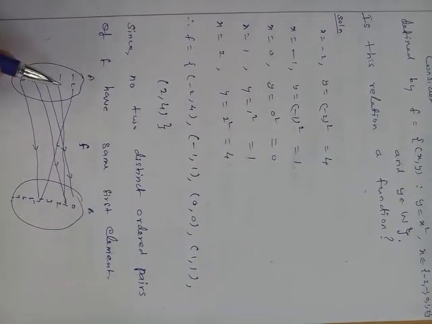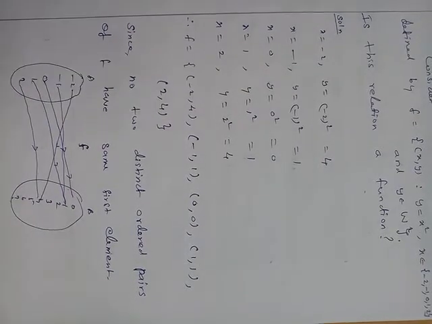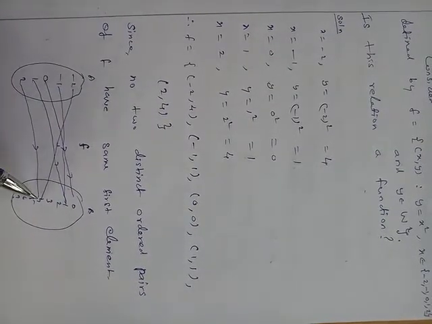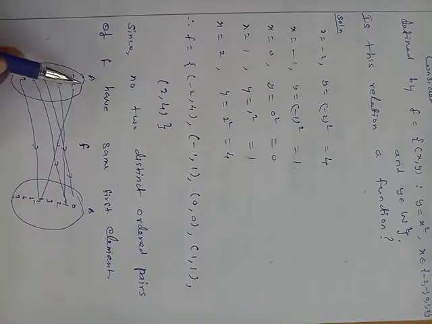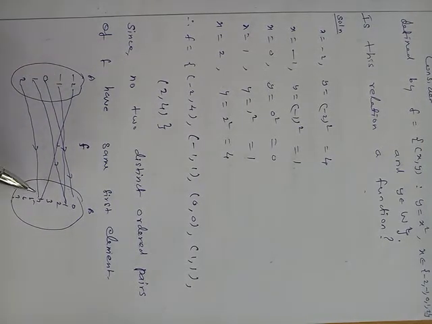Next, the conditions. Every element in the set A has an image, and no element has more than one. Minus 2 has only one image, 4. 2 also has only one image. So every element in the set A has a unique image in the set B. Suppose 2 had two images, 4 and 6; it would not be a function.